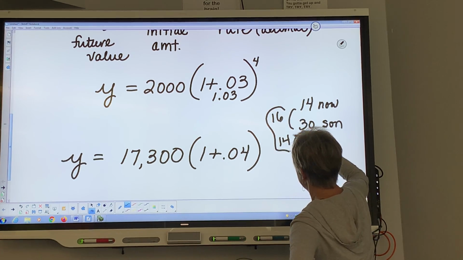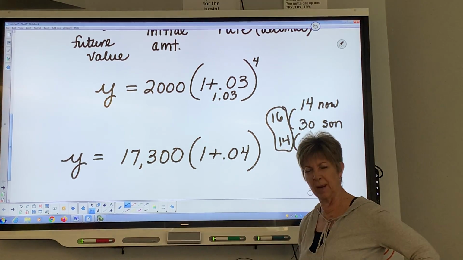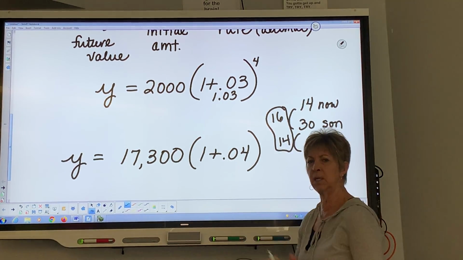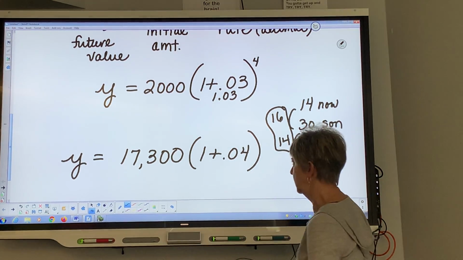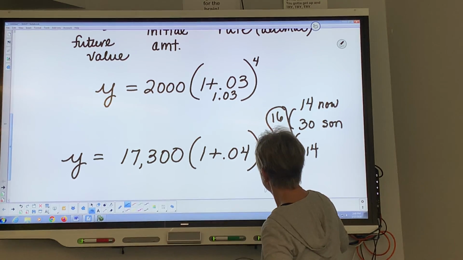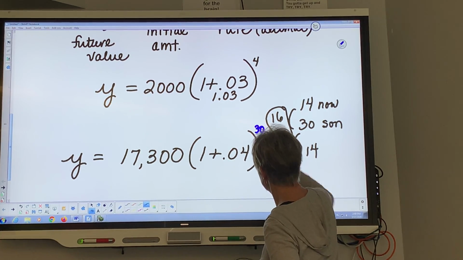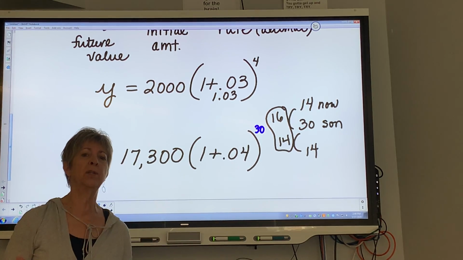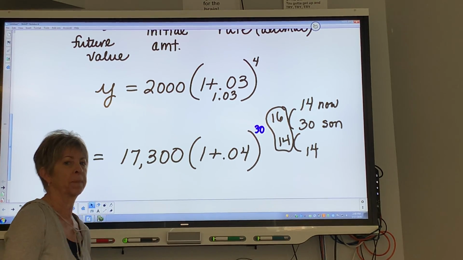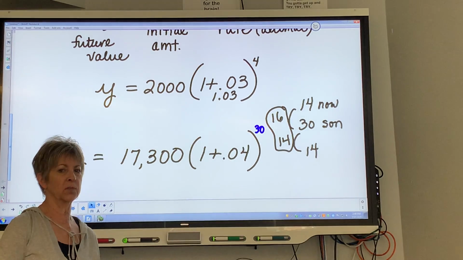So altogether, that would be 30 years from now. Do you follow? 16 years till you have your first child, and then another 14 before he's a freshman at Ignatius. So we want to see what tuition would be in 30 years, which would be about when your son would be a freshman. So do you have your calculators?